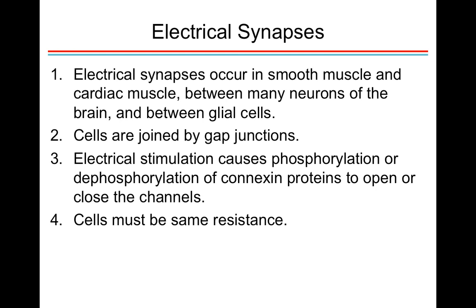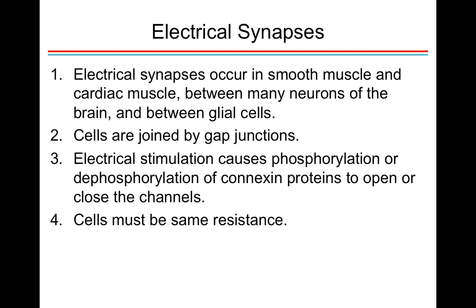So for example, in the heart, we need the atria and the ventricles to contract at the same time. Gap junctions between the heart cells allow them to all contract simultaneously. We'll be talking about that again when we do the cardiovascular system.